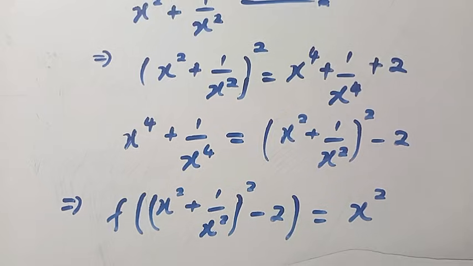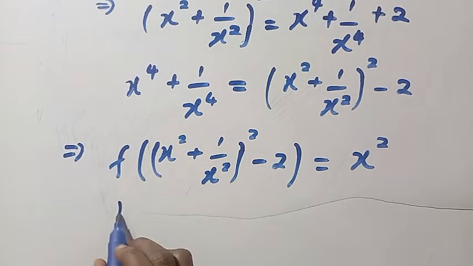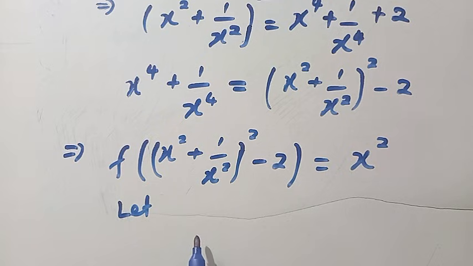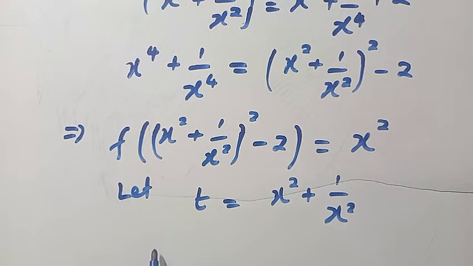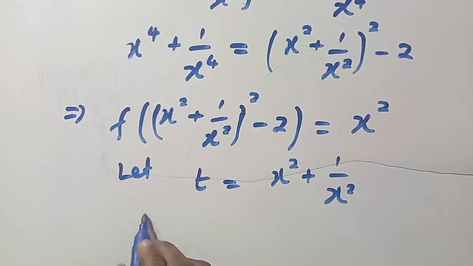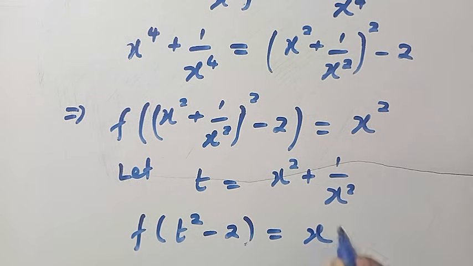Then from this, if I apply the substitution method and let t equal x to the power of 2 plus 1 divided by x to the power of 2, the new equation becomes f of t squared minus 2 equals x to the power of 2.